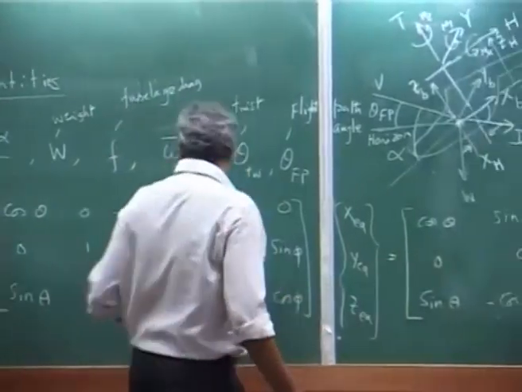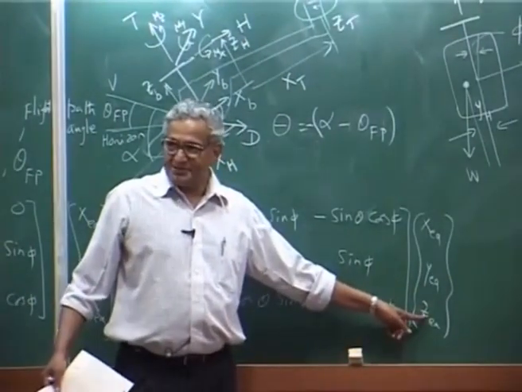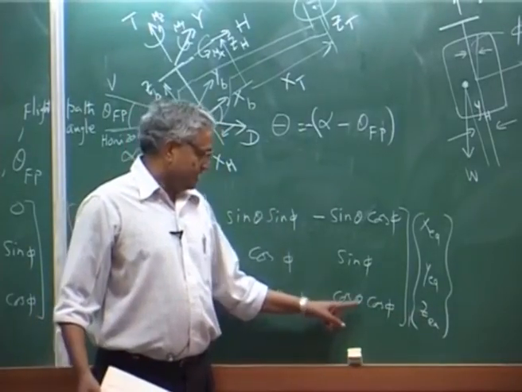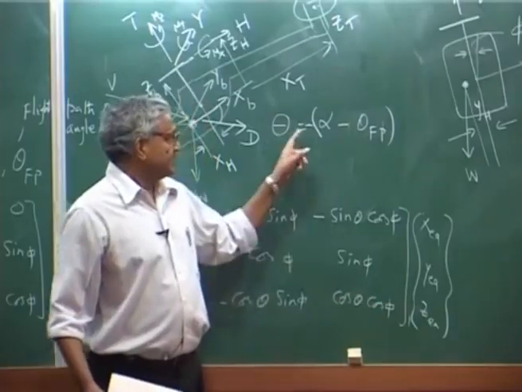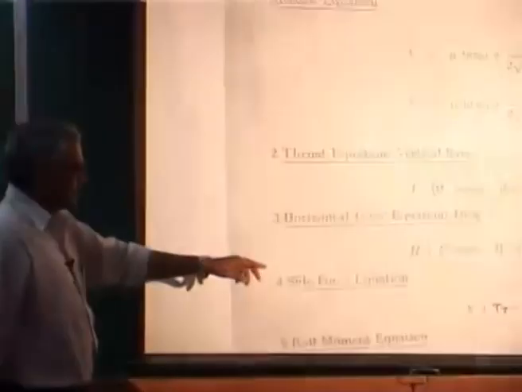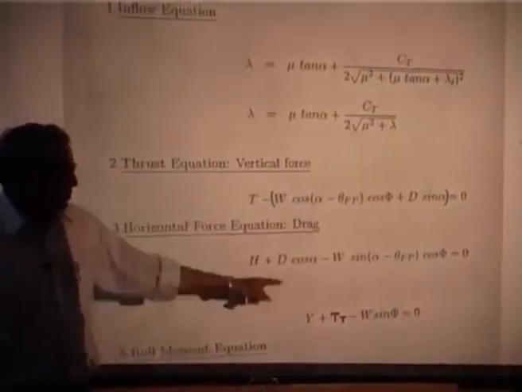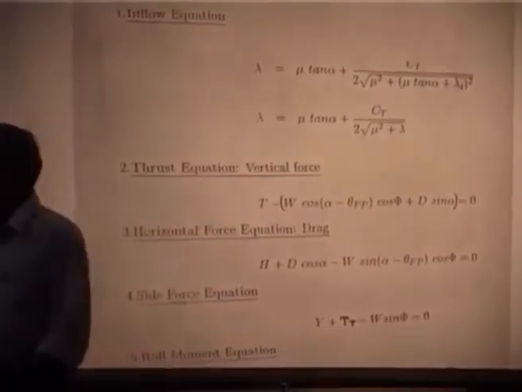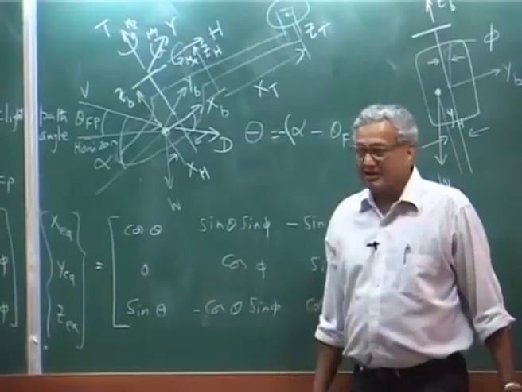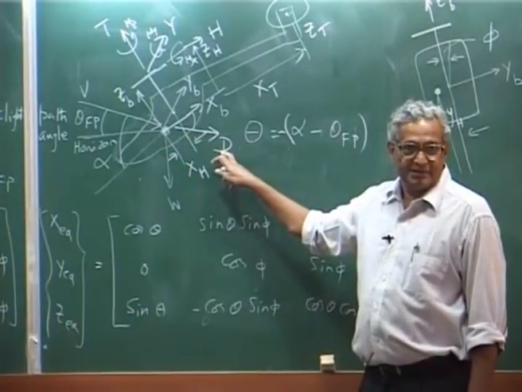So, along the body, that will become minus W cosine theta cosine phi, where theta is minus alpha. So, you will put cosine of alpha minus theta flight path, cosine phi, and D acts along the velocity direction, okay.